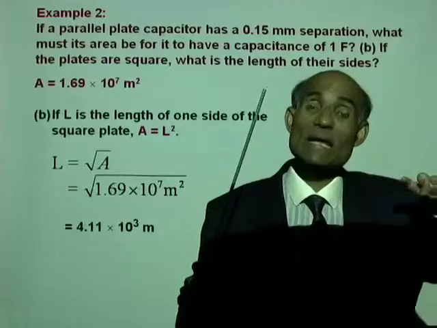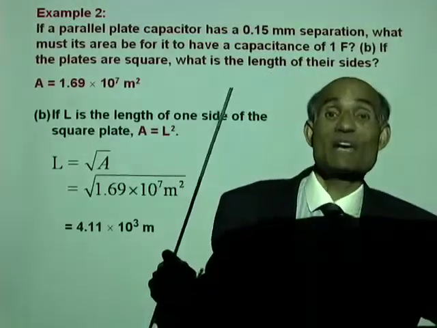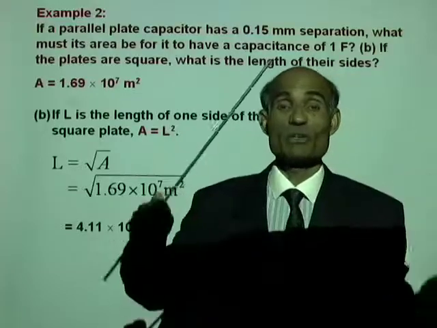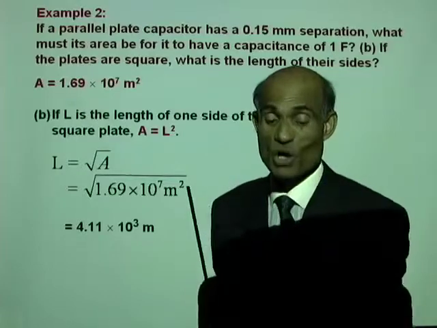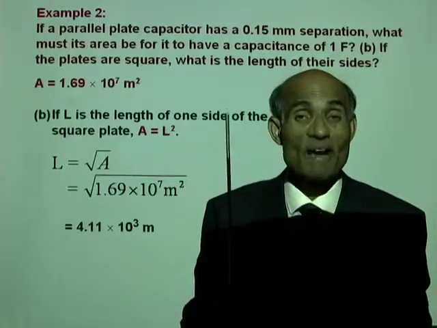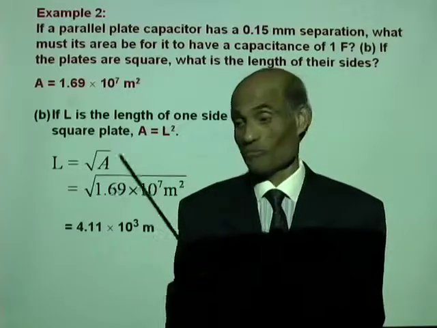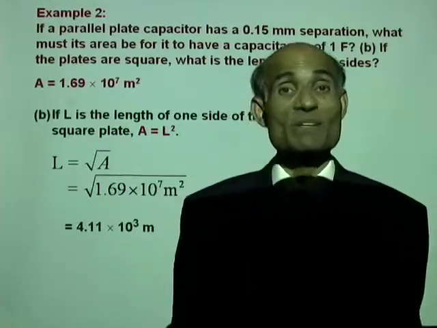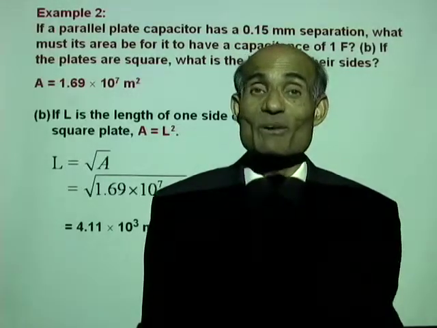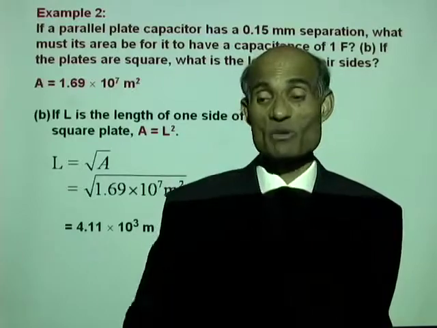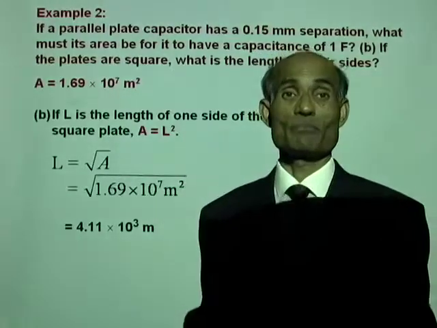So you need a plate greater than 4 kilometers side on a rectangle, and you need 2 plates like that to produce a capacitor of capacitance 1 farad. So 1 farad is a tremendous capacitance. Most of the capacitors that we use in the lab will be much smaller than 1 farad. They will be measured. I will show you some capacitors in a short while as we go on.